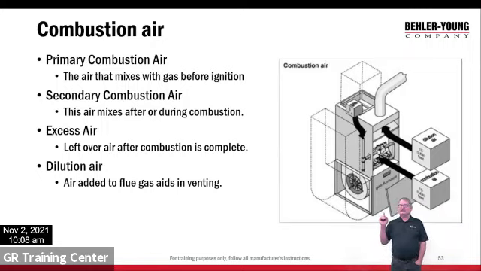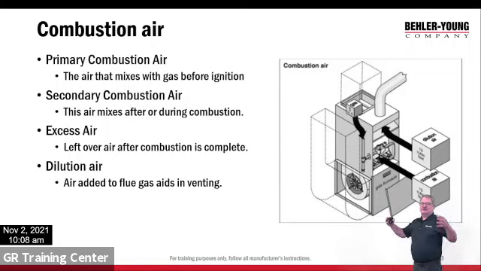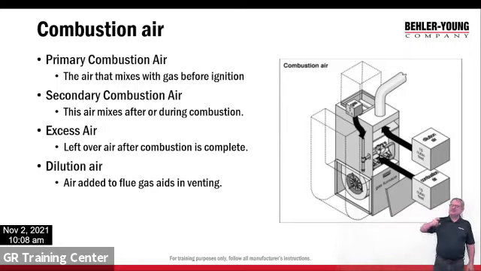If you look over my shoulder on the picture, you can see combustion air mixing before the burners. It goes into the burner, mixes with the gas, and then goes in. The secondary air goes in around the burners. The excess air is what's left, and then the dilution air goes into the chimney as the flue gases are venting.